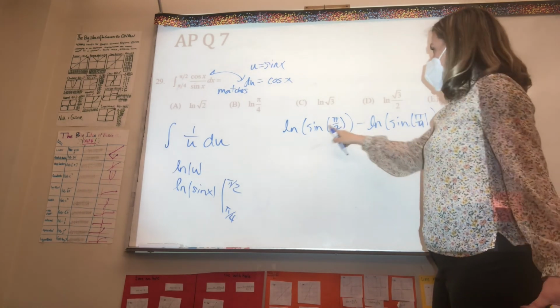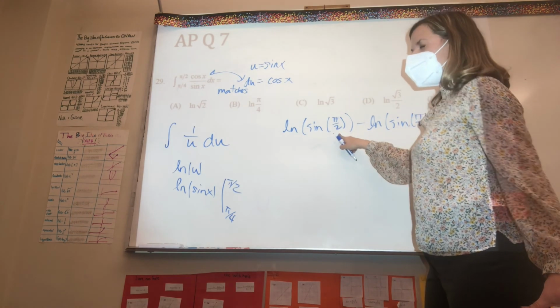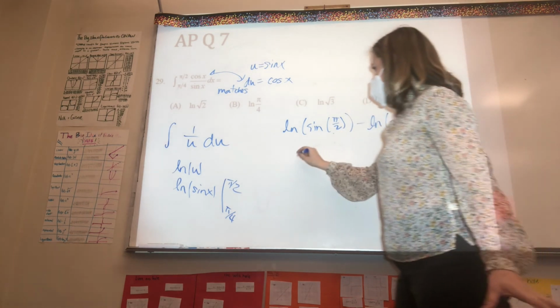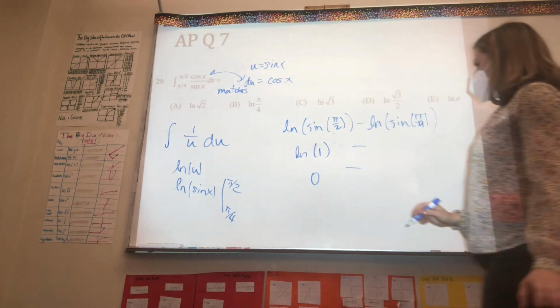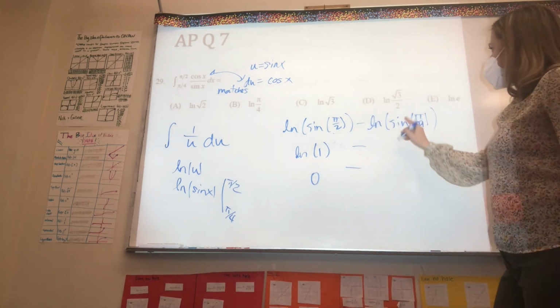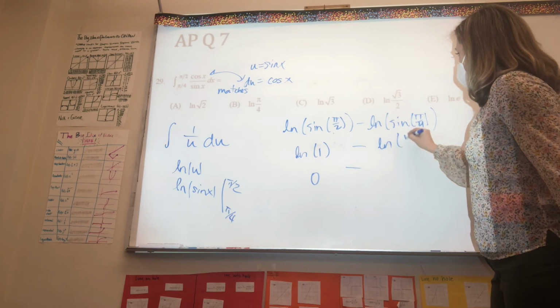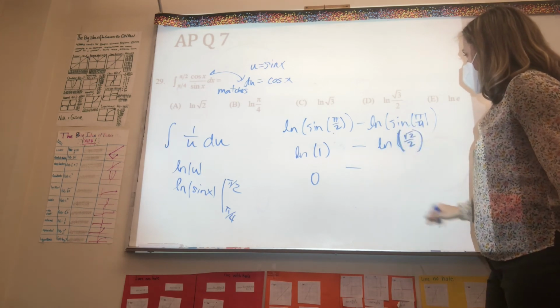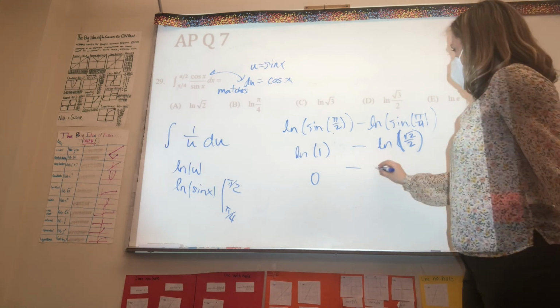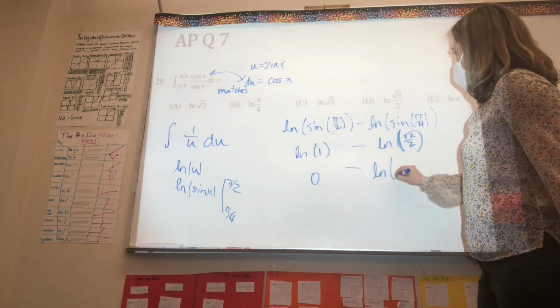Sine of pi over 2 is 1, so you get ln of 1, which is 0, minus ln of root 2 over 2.